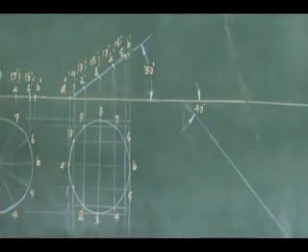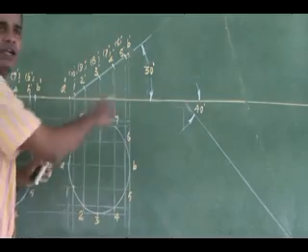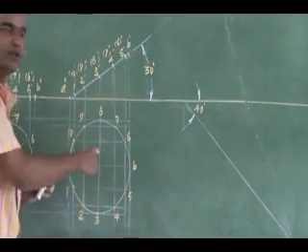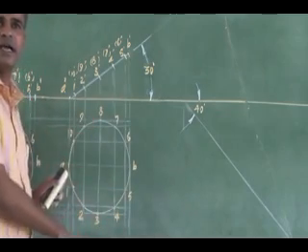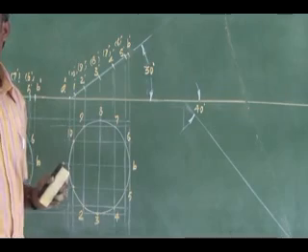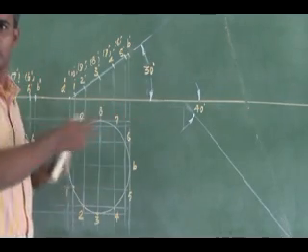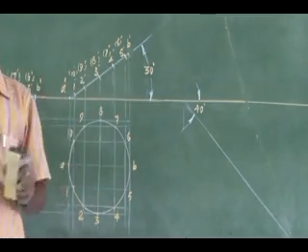How can I reproduce it? One thing, you can see the projectors, okay, see the ellipse top view, it is enclosed with a rectangle, with the projectors, and in between you have the various locations. That rectangle you can measure and draw, and points you can mark, that is one thing.